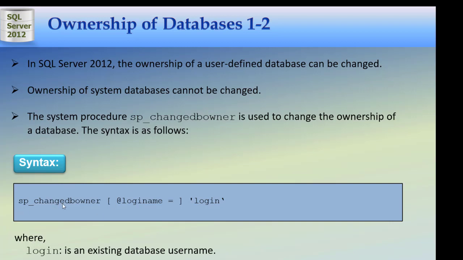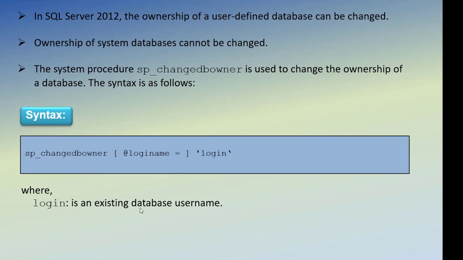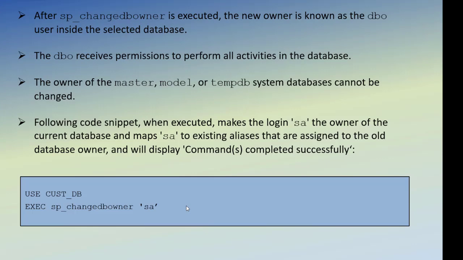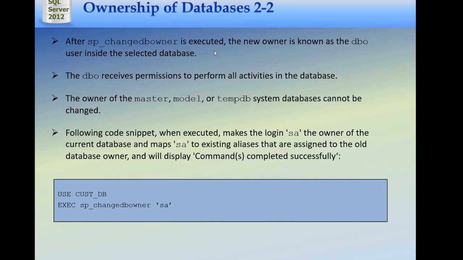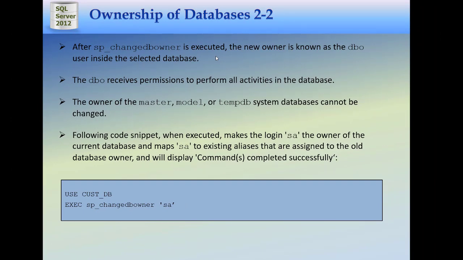SP_changedbowner, then you specify the login name, where login is an existing username. Now, when this particular stored procedure is executed, the new owner is known as the DBO. DBO is database owner inside the selected database.